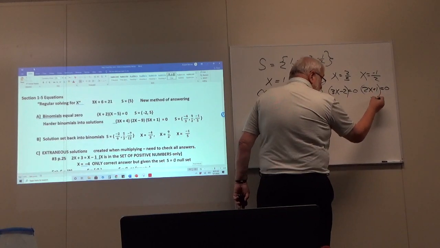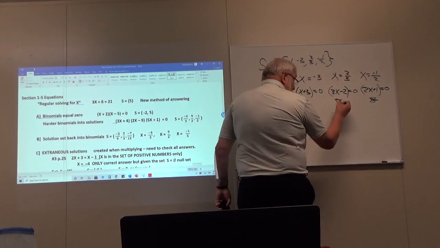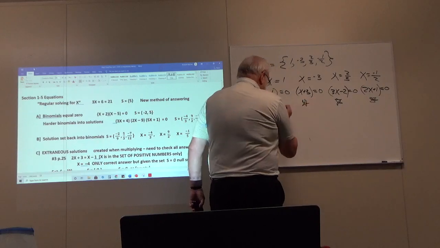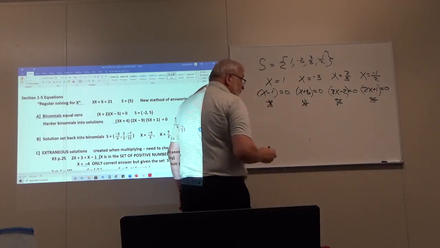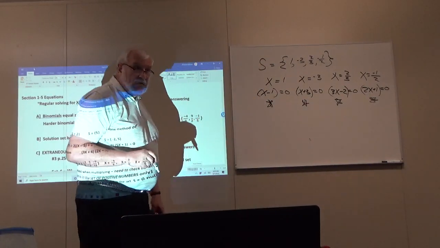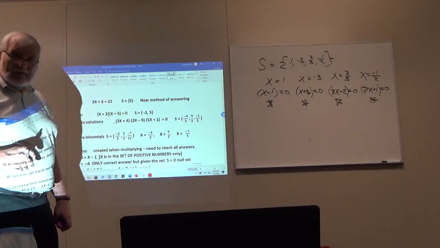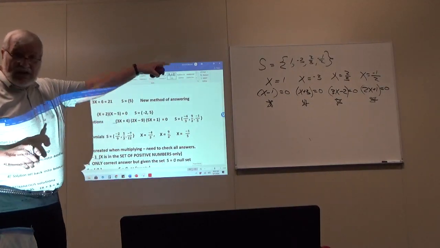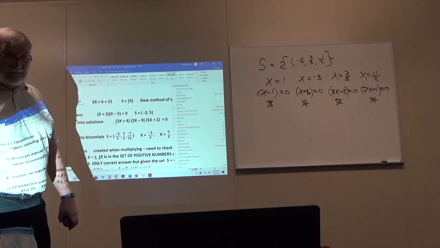And those 4 things are the binomials that were multiplied together in the original problem. That gave me a solution set of those 4 numbers at the top.